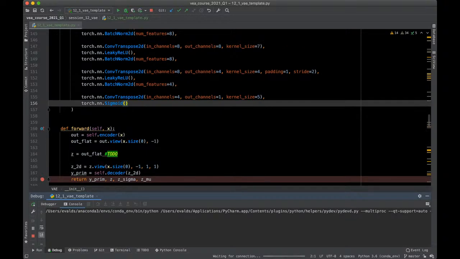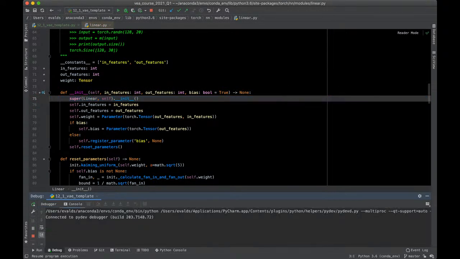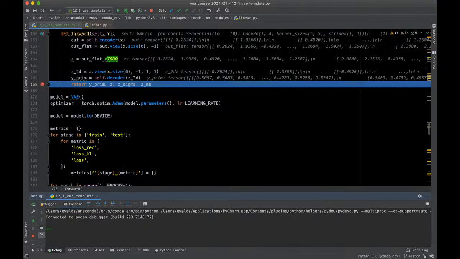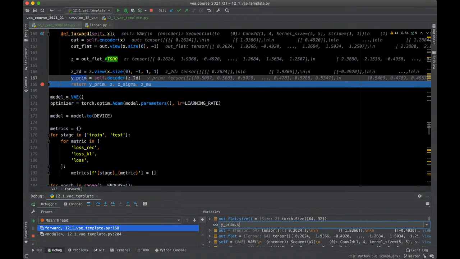So running the debugger, seeing if this part works or not. There is a breakpoint here that is strange. Maybe this is not a breakpoint but a bug. Okay, no, it works. So the Y prim is the correct shape. So everything is great so far.